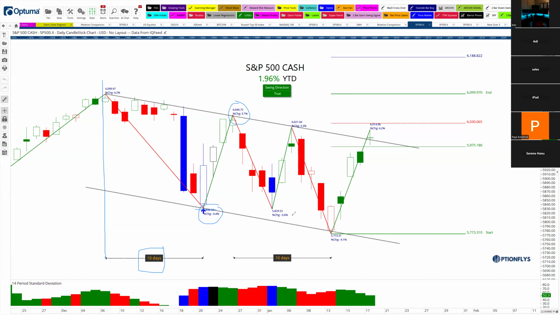Then we came back down, made another lower low, right? Then we bounced another, rallied back up. So what I did was, okay, here's your 10 days, and here's your 10 days from here to here. That's what they call bar to bar relationship.